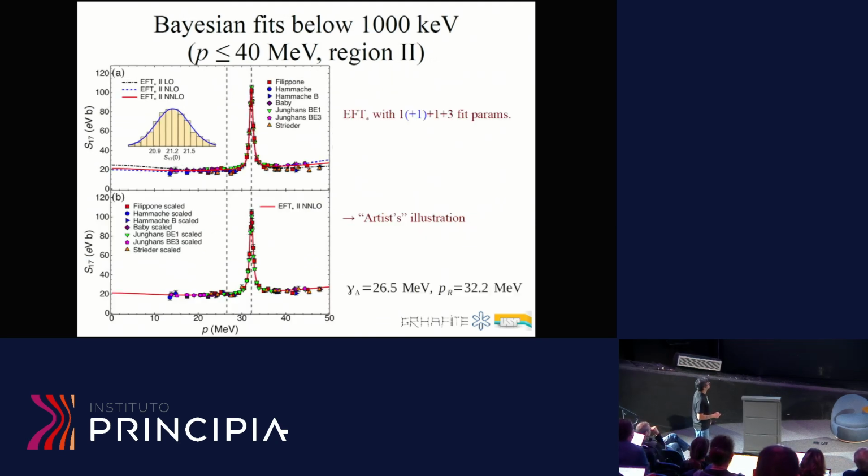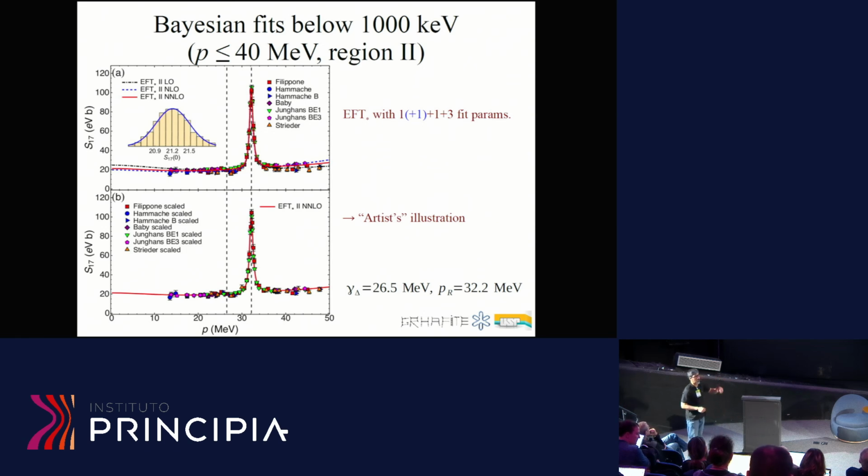So I think I have to rush a little bit here. In our Bayesian fits, we also put a normalization of the cross-section as a parameter, and so different experiments have been rescaled with that. They enter as Bayesian parameters here.